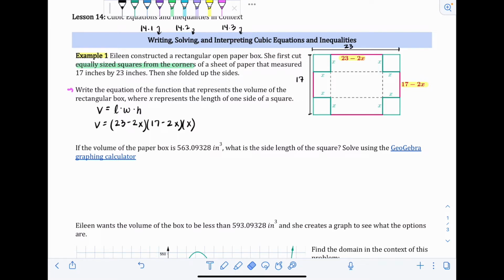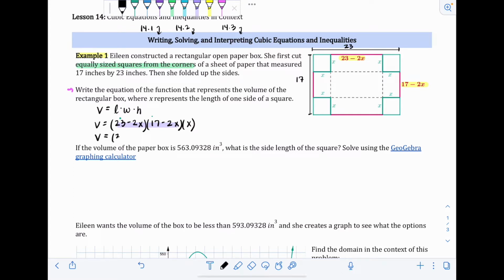So if I want to get it in standard form, I'll start by FOILing these two. There's not a set order you have to go in, but I'll FOIL those two and then distribute the X in after. So bring down my V equals, and then it'll be 23 times 17 is 391.